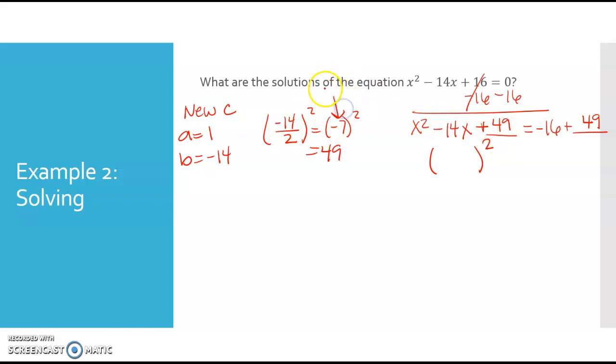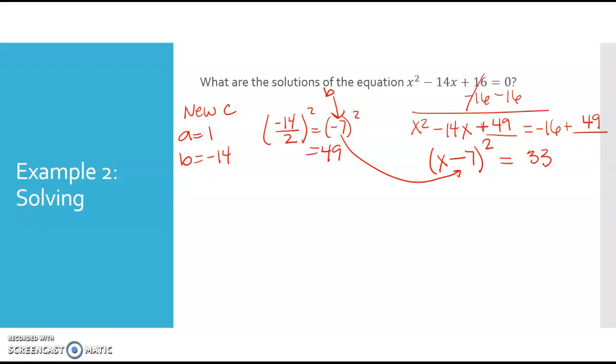This value here goes there. So I'm going to now have x minus 7 squared equals, and then I'm going to take that negative 16 and add the 49, and we get 33.